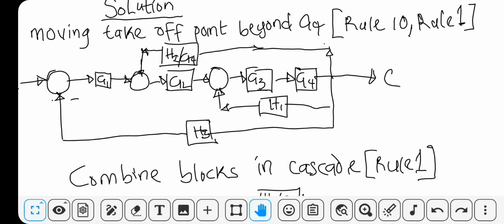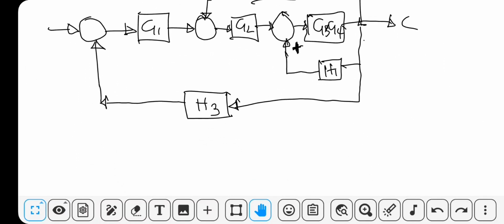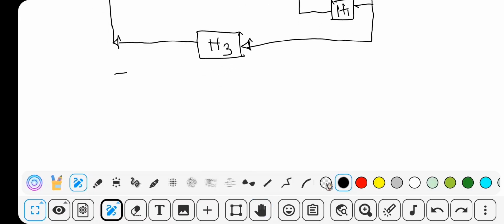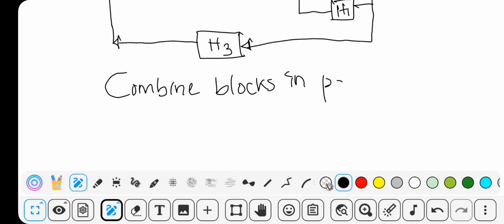I needed a sign, but since I didn't see a sign, whenever you don't see any sign attached to the summing point, then you assume the sign to be positive. So combine blocks in parallel, rule 4.